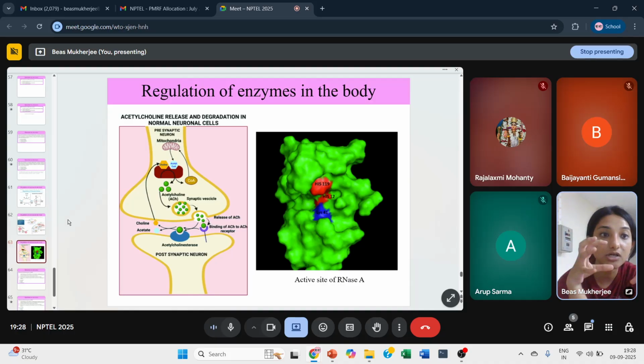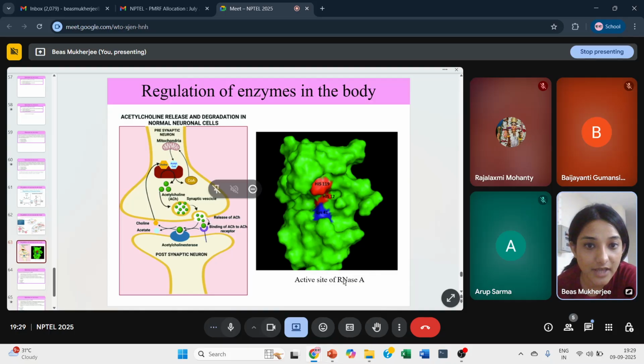It is being carried to the membrane and released, and as soon as it gets released, it binds to the acetylcholine receptor on the other neuron, and then a lot of downstream pathways happen, and the signal is sent, basically, right? And this acetylcholine is converted into choline, right? The acetate group is released, and this choline again goes and helps in the formation of acetylcholine once again using acetyl coenzyme A, right? So that is what is happening.